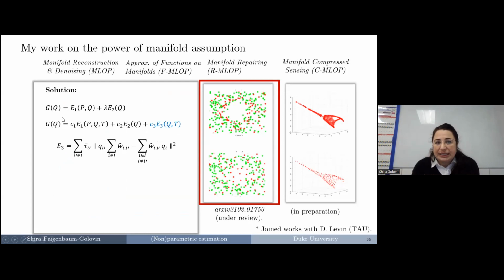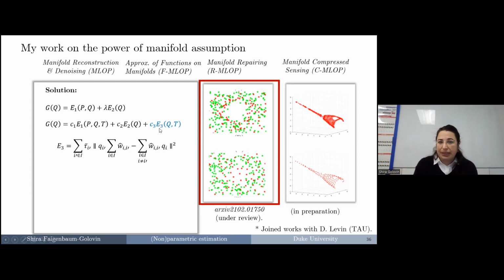In order to address this task, we basically need to add an additional term to our optimization function that will be responsible for the reconstruction around those holes, and will propagate the information from the boundary of the holes inside.